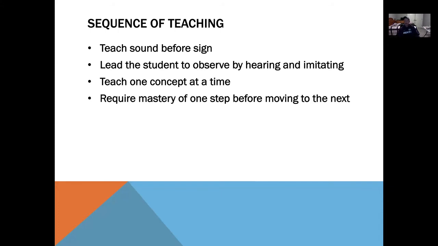Require mastery of one step before moving to the next. Remember, when we put this all in order, the first things that we look for are breathing. We want to make sure breathing and pulse are locked in. Okay. Once those concepts are locked in, then we can begin talking about getting tone locked in. Okay. And note shape. And then we can begin talking about style and articulation.